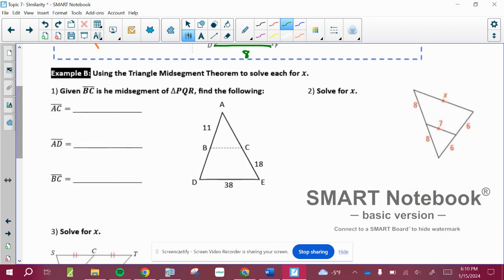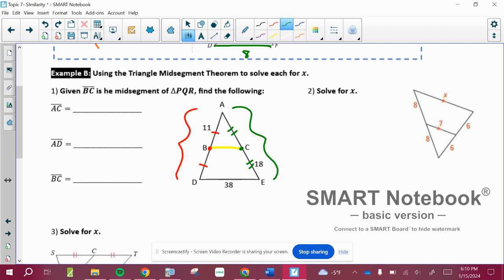Let's start with example number 1. It says given BC is the mid-segment of our triangle. So BC is the mid-segment. What that means, by definition, is that B is the midpoint of side AD, so it cuts AD into two congruent parts. Similarly, C is the midpoint of side AE, so it cuts AE into two congruent parts.